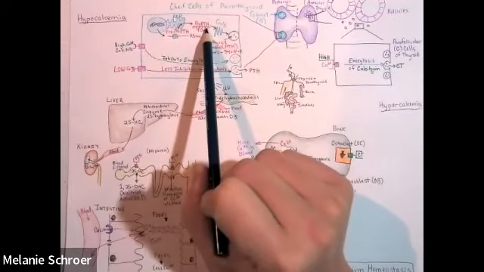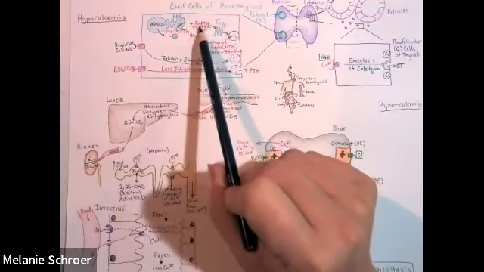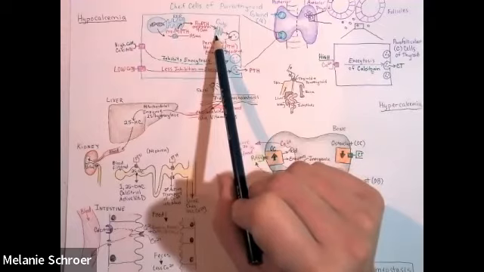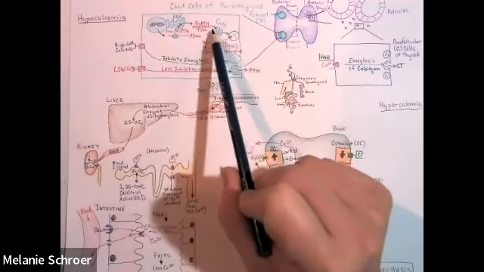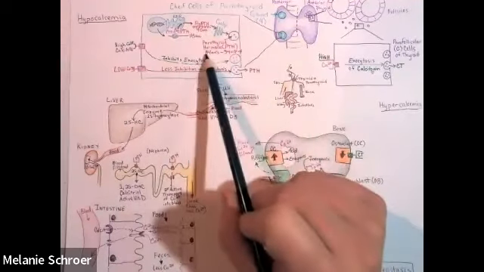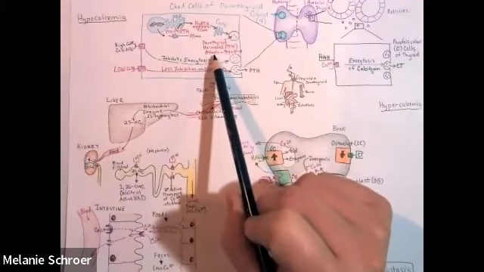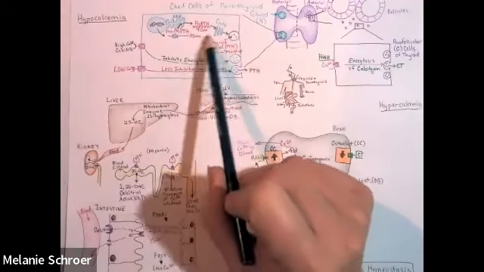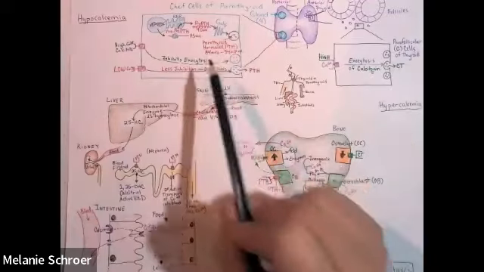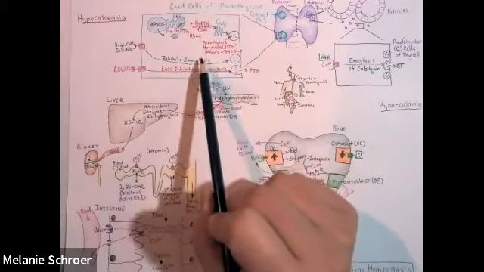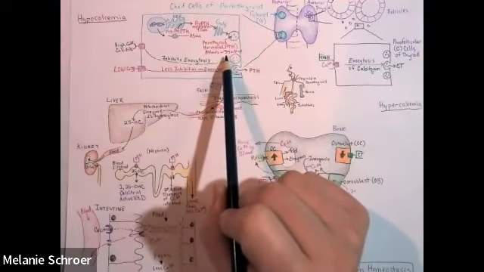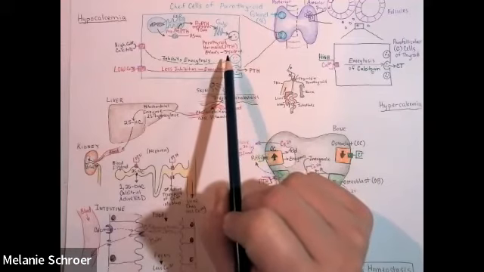But of course, the story is not over. Pro-PTH is sent to the Golgi apparatus, and the Golgi apparatus is going to cleave off the final 6 amino acids. And finally, we have this parathyroid hormone. It is 84 amino acids long, but in reality, only 34 of these are active in the process of maintaining calcium homeostasis.